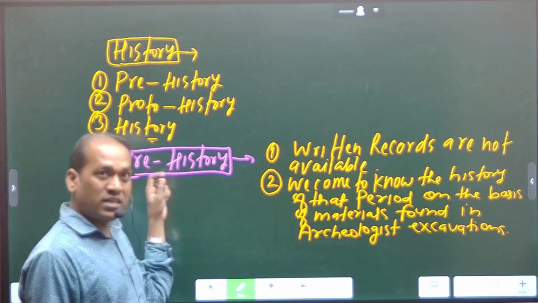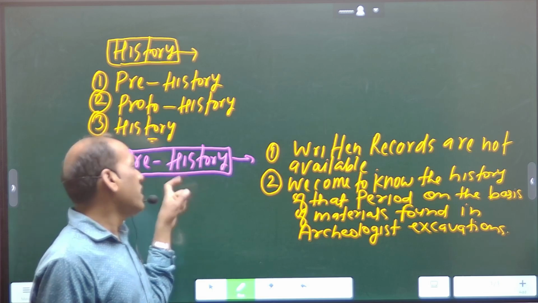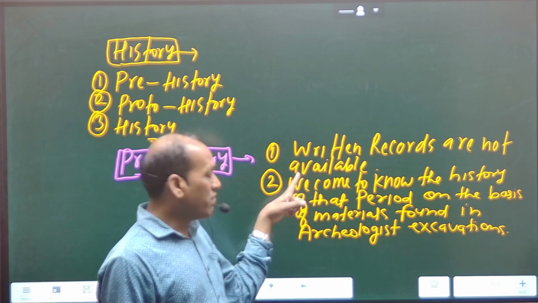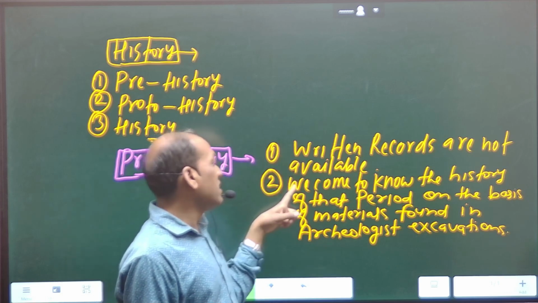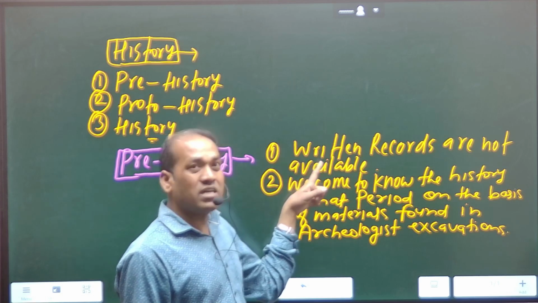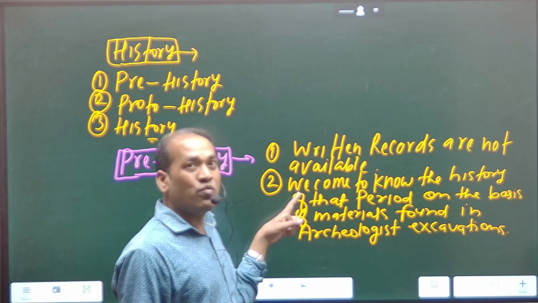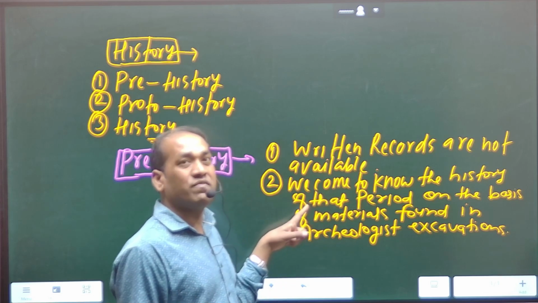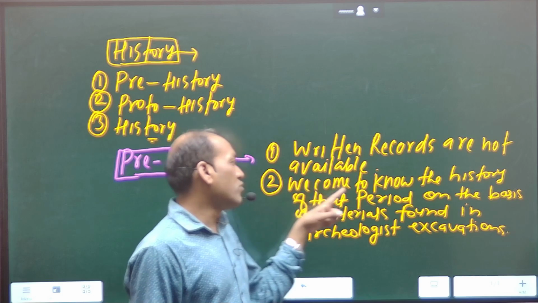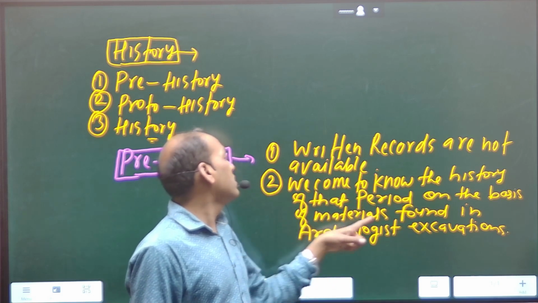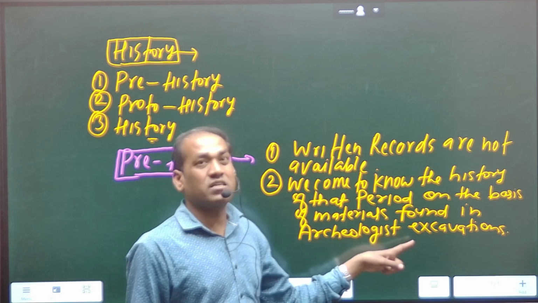So prehistory is the history when written records are not available, first thing. And the second thing, if written records are not available, then how we come to know the history of that period? We come to know it on the basis of materials found in archaeologist excavations.